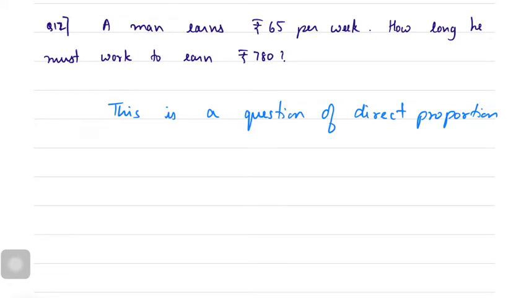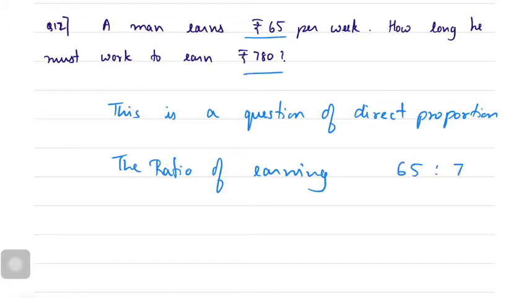Right? So the ratio of earning is 65:780. Right? And the ratio of weeks: to earn 65 you have to work for 1 week.